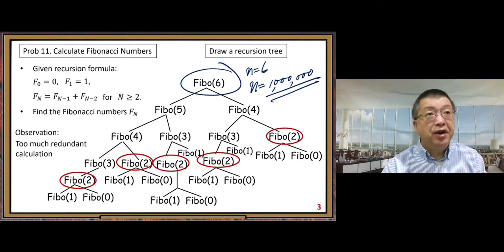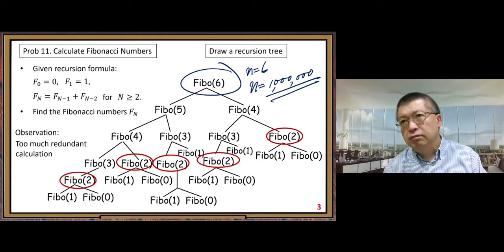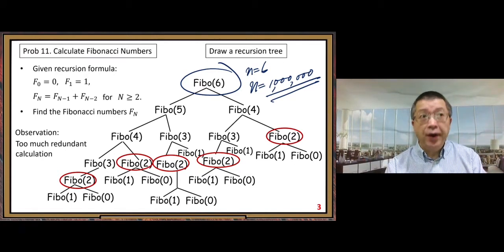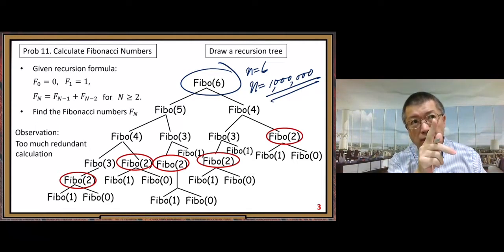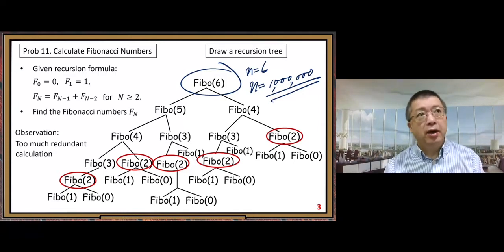The improvement idea is pretty simple: we just avoid redundant calculation. If you can make sure each intermediate Fibonacci number is calculated only once, then you should get a pretty good algorithm.